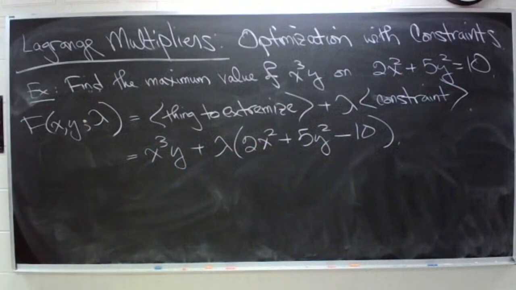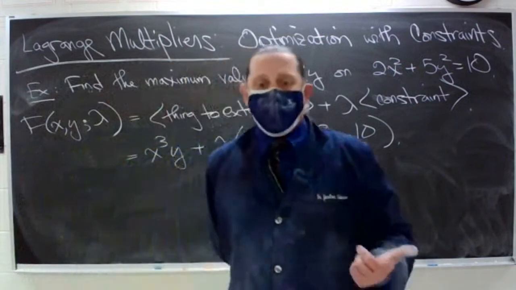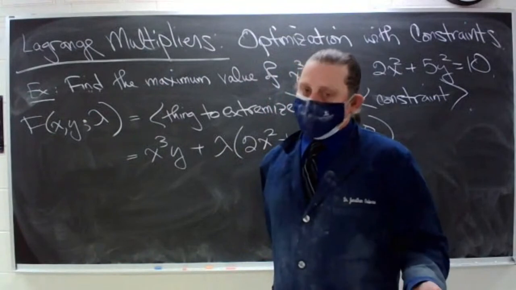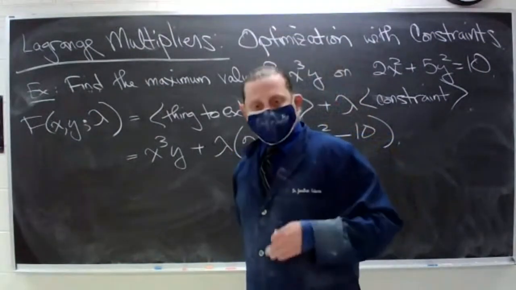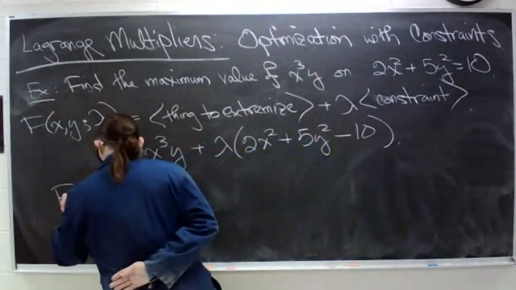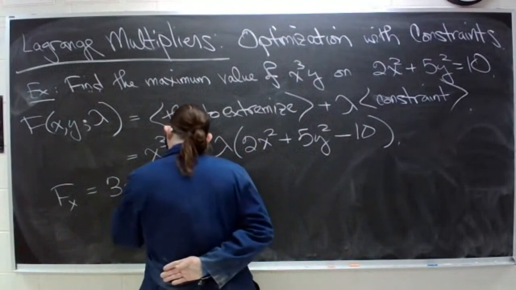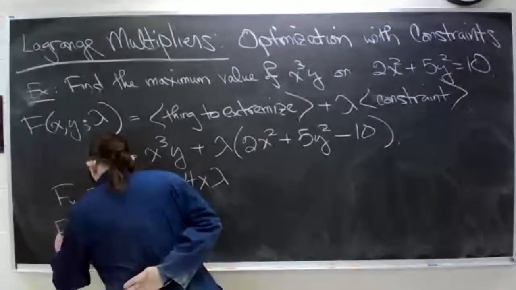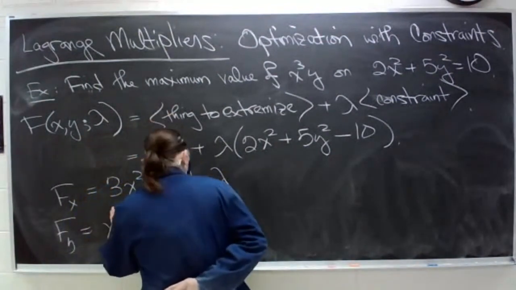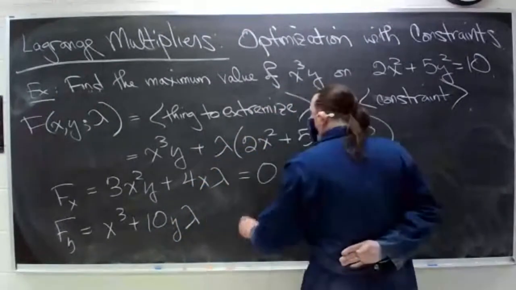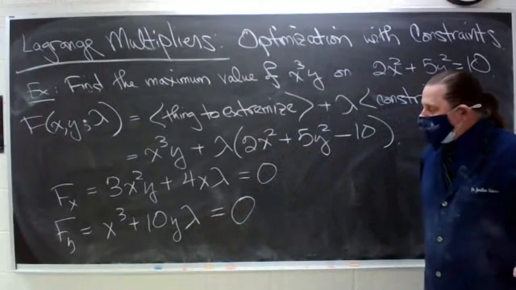Now what we're going to do is extremize F in this 3-dimensional space, x, y, lambda. So I'm going to look for critical points. All right, well, how do I look for critical points? I'm going to take derivatives with respect to my 3 parameters. F_x, F_y, both of these have to be 0, because that's how we find a critical point.